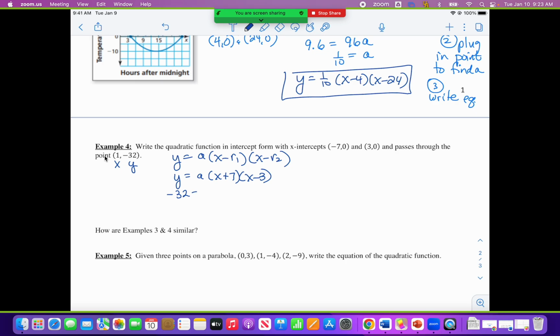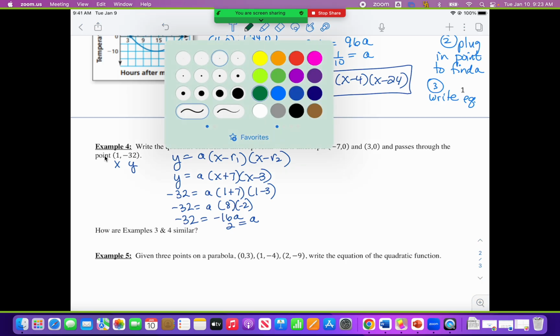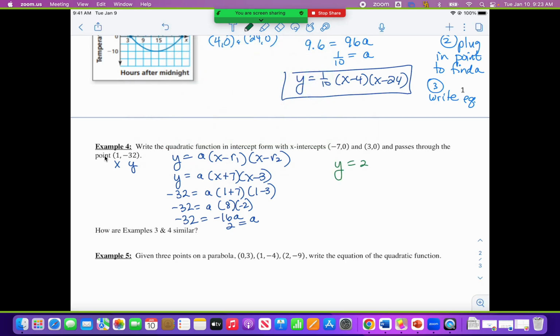So that's -32 equals a times 1 plus 7, 1 minus 3. That's 8 times -2. So a is positive 2. So I'm getting y equals 2 times x plus 7 times x minus 3.